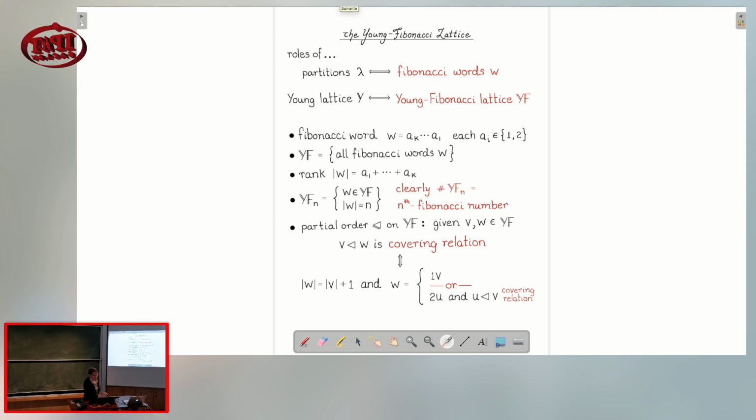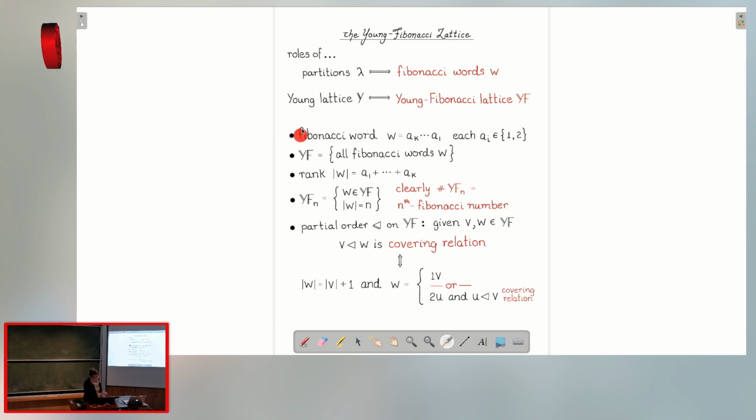So with Young Fibonacci, what's happening is that at a combinatorial level, partitions are going to be replaced by some kind of binary words, which are called Fibonacci words. And the Young lattice will be replaced by some partial order that we can put on the entire set of all such words.